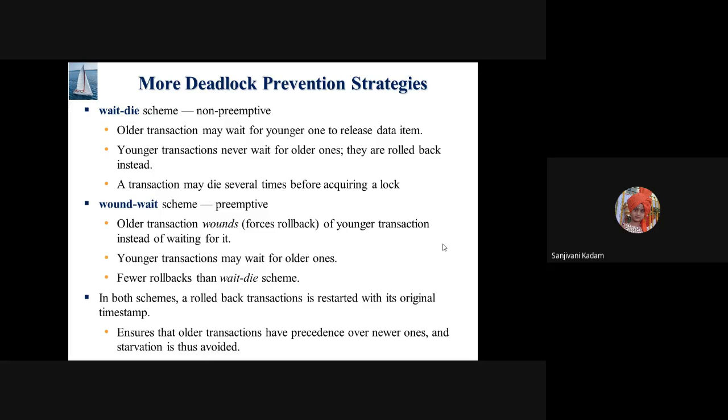It means T1 should wait for T2 to release the item and then T1 can start its work. Younger transactions never wait for older ones, they are rolled back instead.